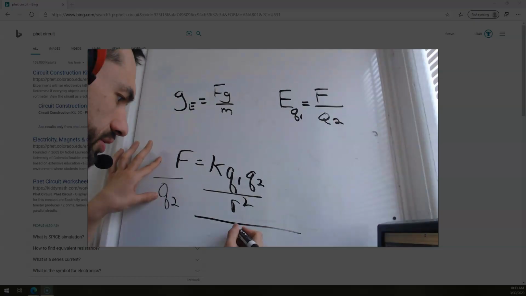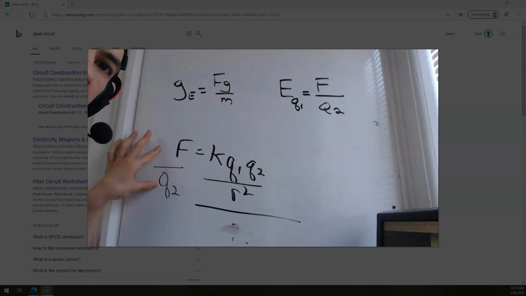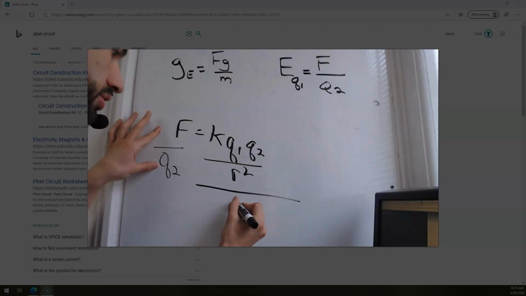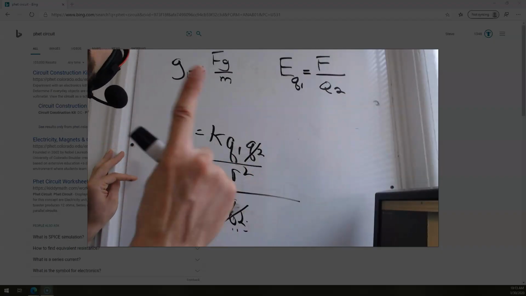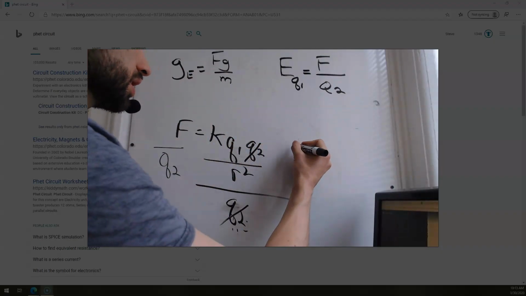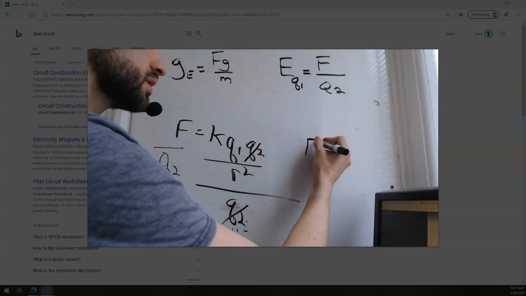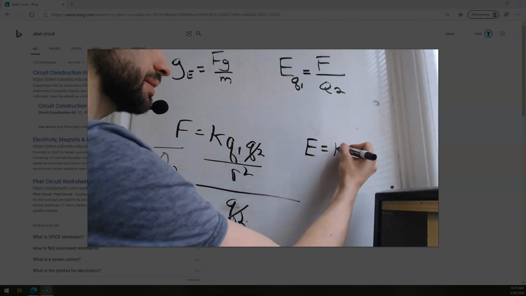Sorry, you can't see that. That's too low. Let's just drop this down a little bit. There we go. You divide it by Q2 in order to find the field strength, right? So Q2 goes away. So if you want to know the field strength due to Q1, you can do this. This is not on your reference table.